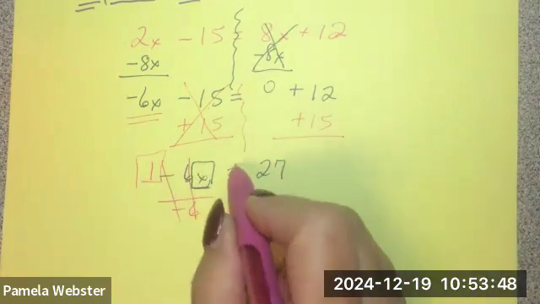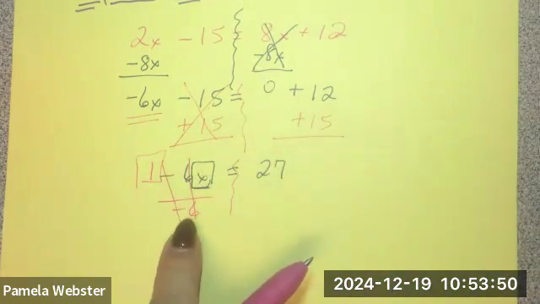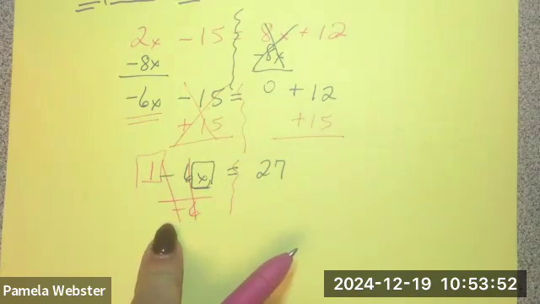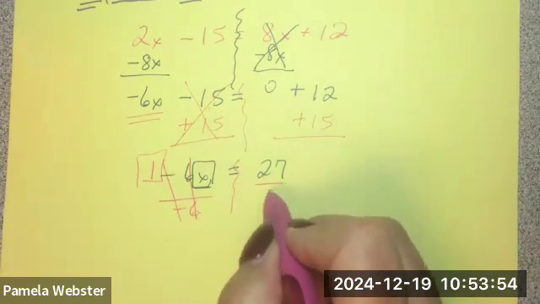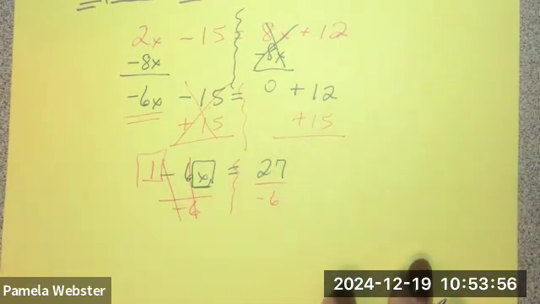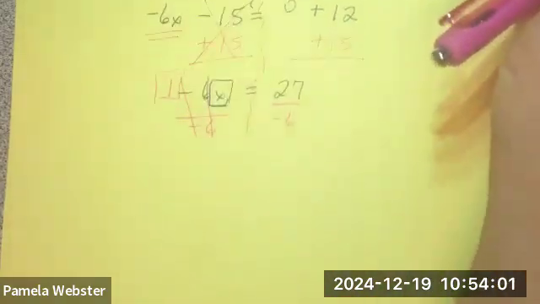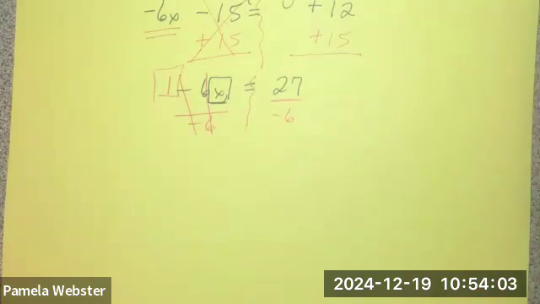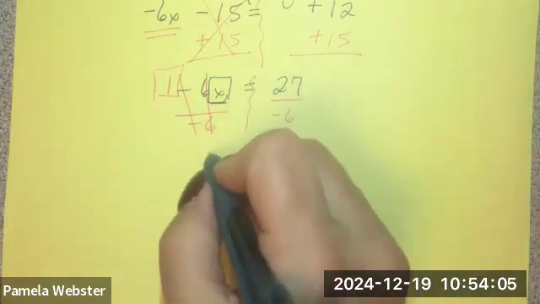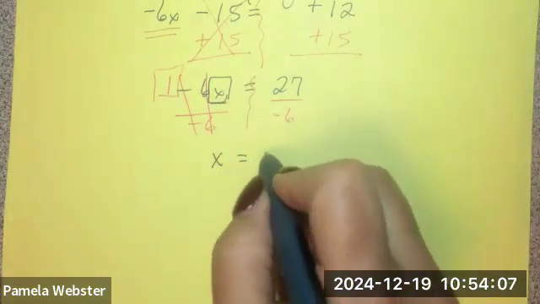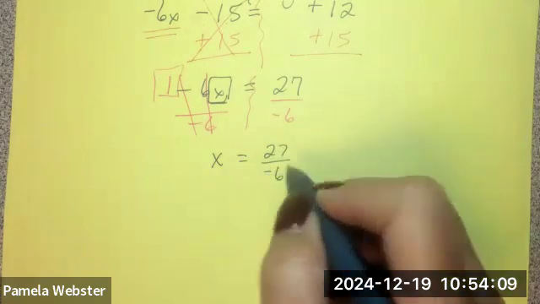But again, we've got this equal sign. So I look here and I go, hey, on the left-hand side, I divided by negative 6. So I also need to do that on the right-hand side. I need to divide by negative 6. So as I scoot this up just a tiny bit more, I see, hey, the left-hand side is going to be x. This is 27 over negative 6.